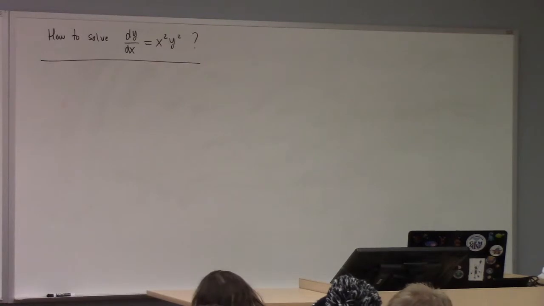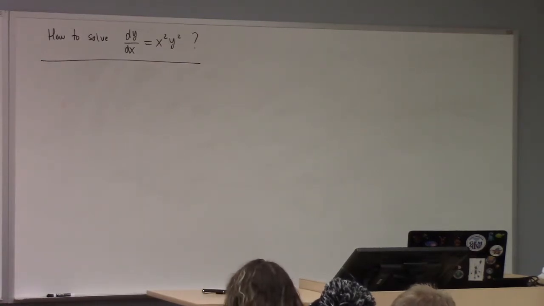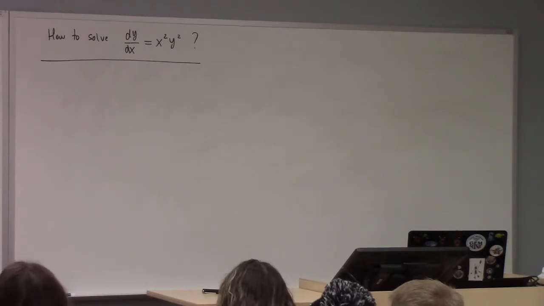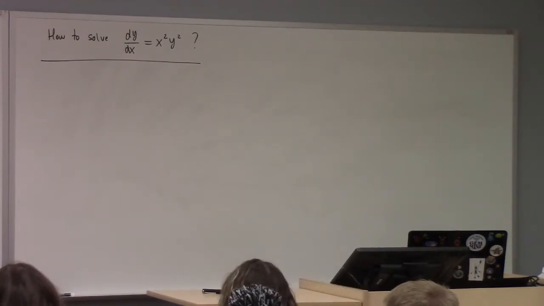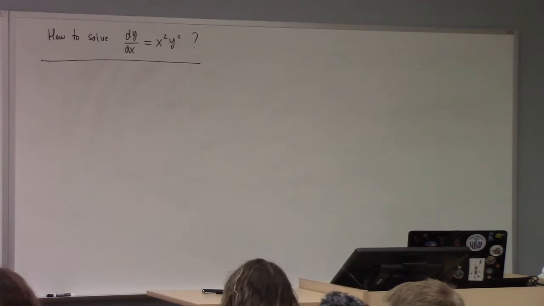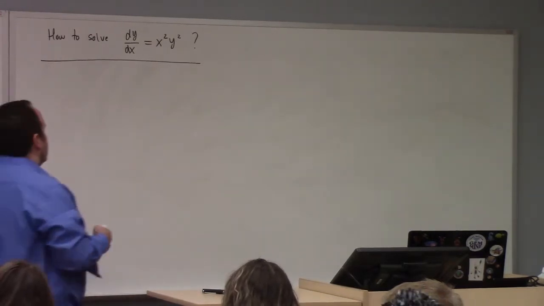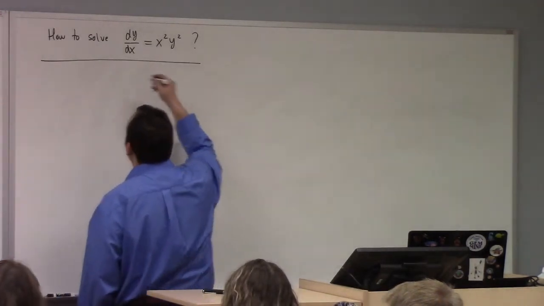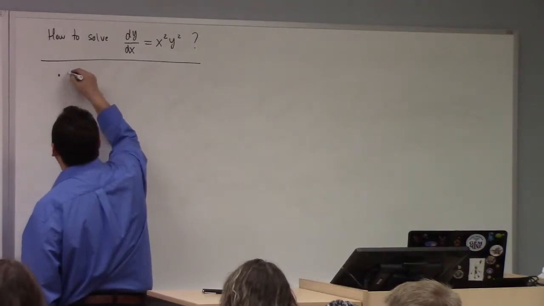This is a nonlinear problem. Power series is really only a good tool. It's a better tool for linear problems. For nonlinear problems, it gives me pause. So this one here, we can solve by what's known as separation of variables.